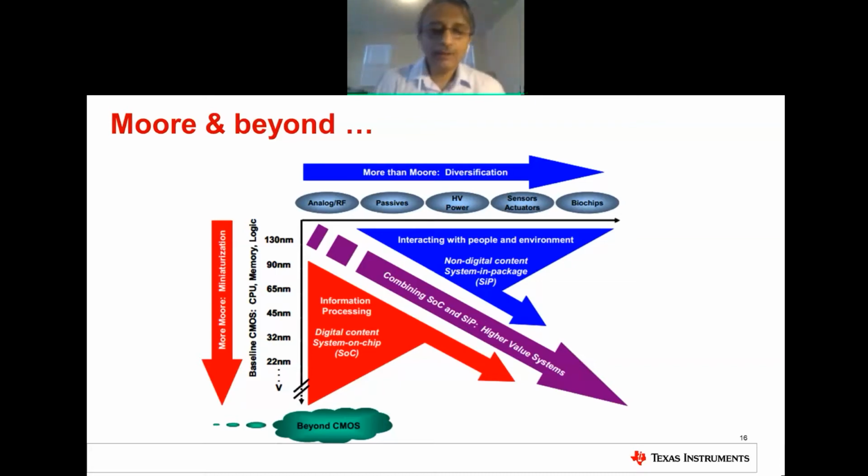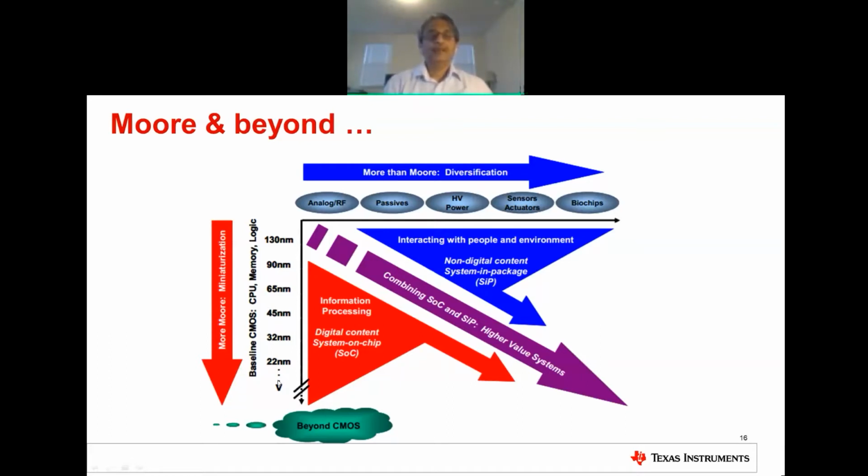So I talked about Moore's law and the journey so far, and the question really is, where does it take us going forward? As the scaling ended, because now we are down to geometries and thicknesses where we can count them in terms of number of atoms, in some sense the journey slowed down in terms of technology scaling, but more of Moore, as we call the y-axis here, continues.